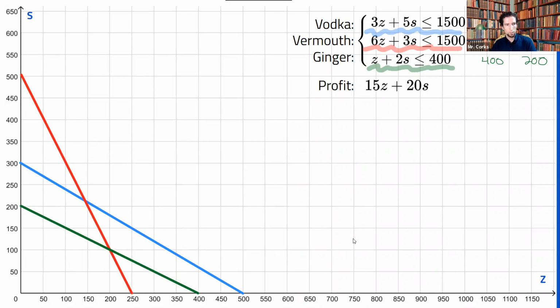Just make sure I got my colors right there. Yep. Okay, so there are our inequalities. Let's do the shading first too. That will help us understand why we would choose a particular value for the profit function here. So are we above or below these inequalities?